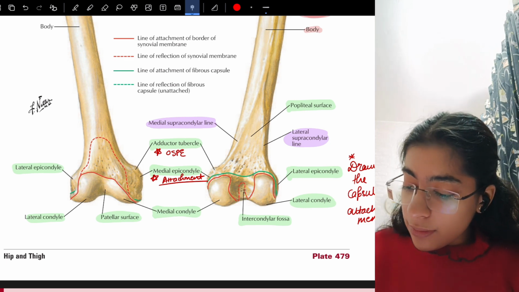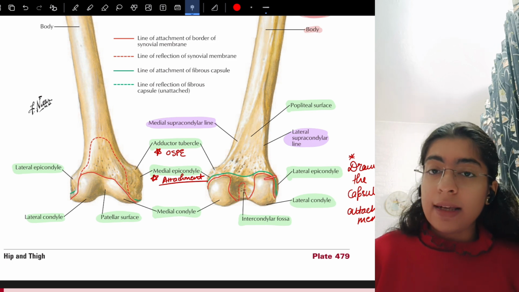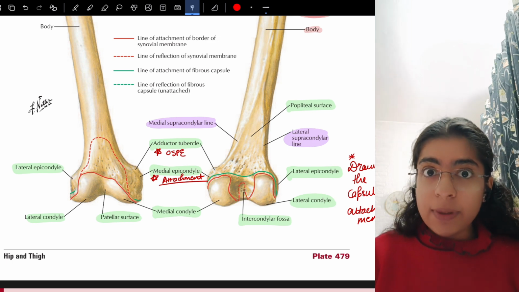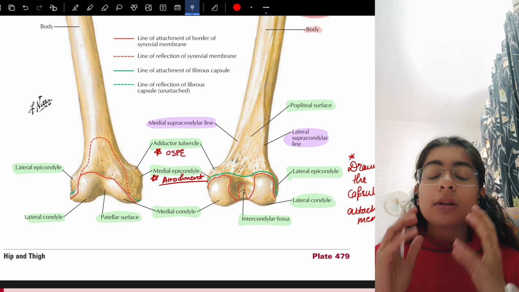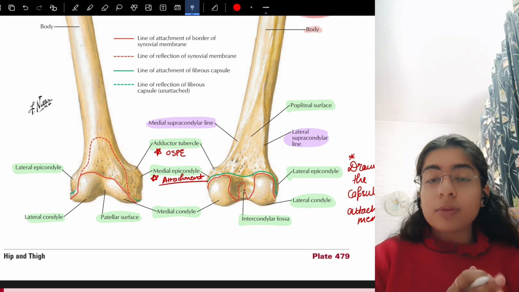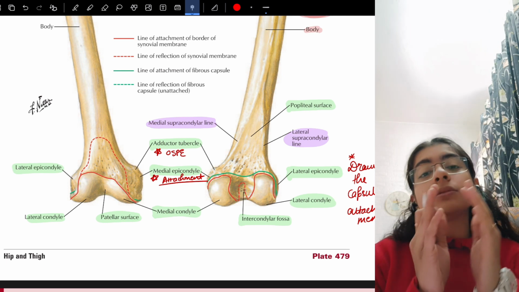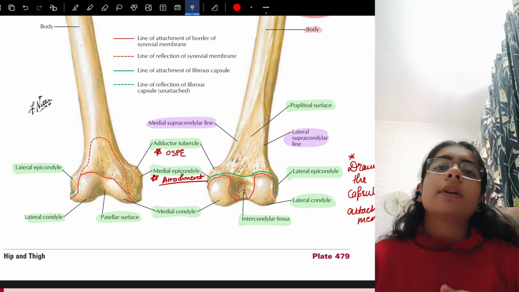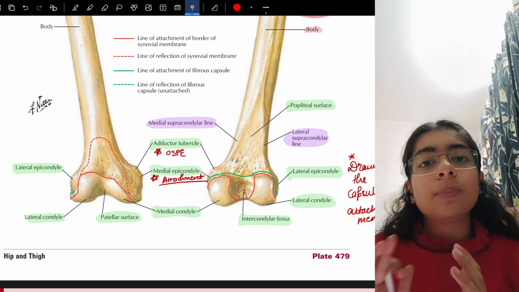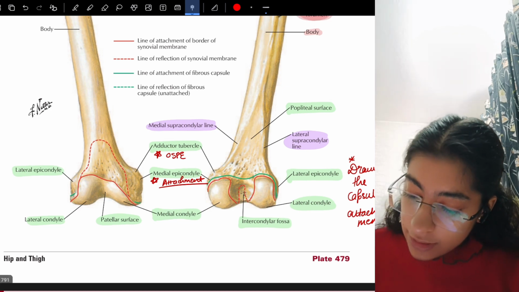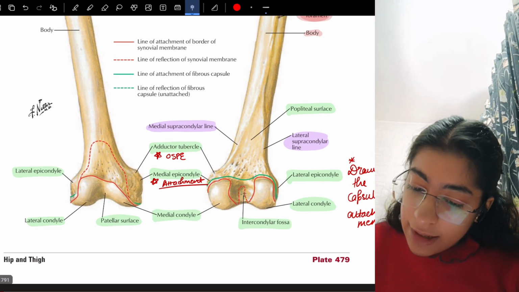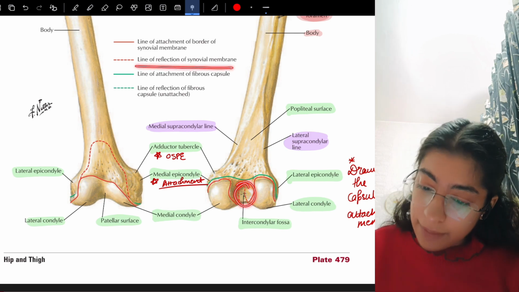In that you need to draw this attachment line. You can do this well, because the main thing is speaking in the viva. If you know exactly how the capsule attaches, then you can draw it very well, and all this you have to practice in your dissection hall. And here I can see the line of reflection of the synovial membrane.